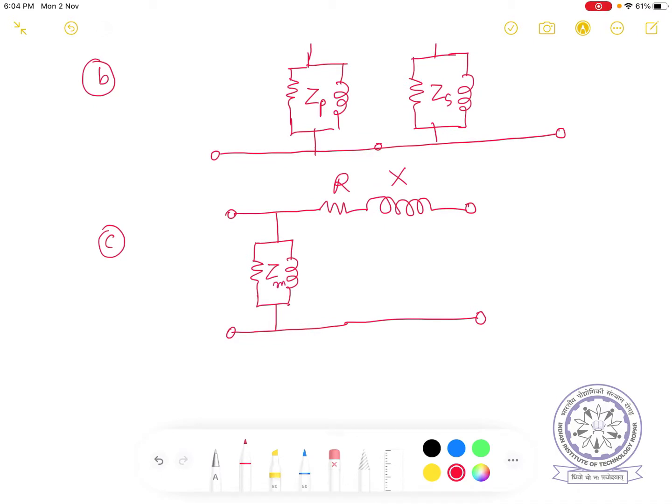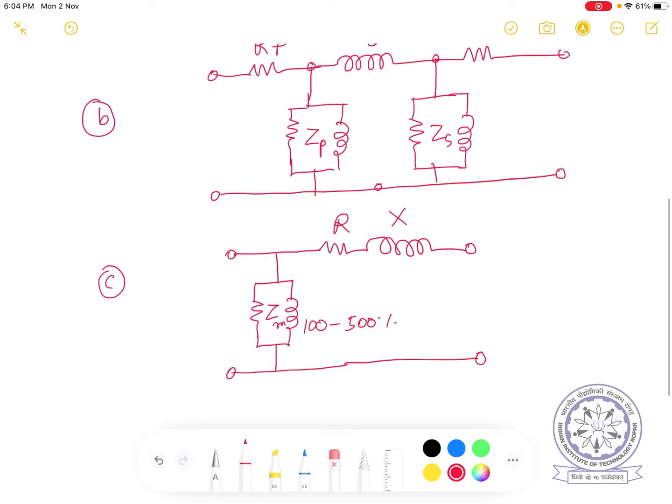Practically the value of the shunt impedance is 100 to 500 percent, that is 1 to 5 per unit. The series branch impedance is 2 to 10 percent.